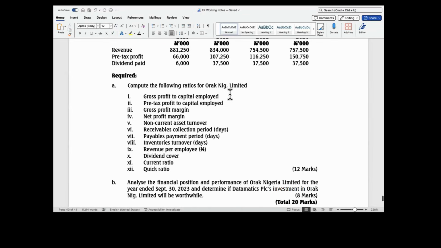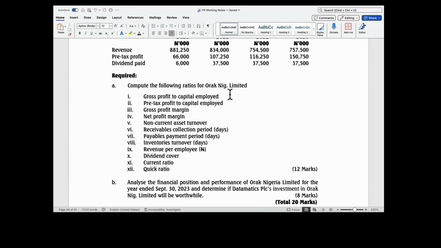Receivable collection period in days. 7. Payable payment period in days. 8. Inventory turnover in days. 9. Revenue per employee. 10. Dividend cover. 11. Current ratio and quick ratio, for 12 marks.